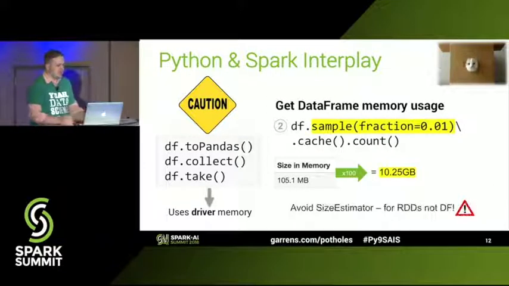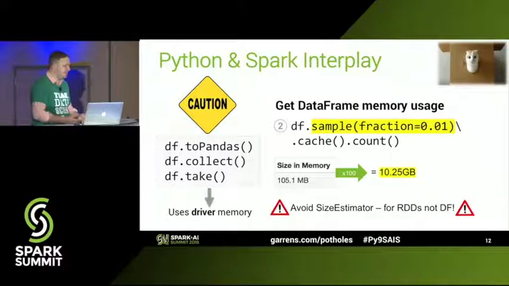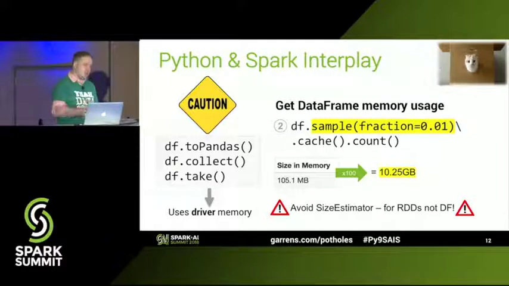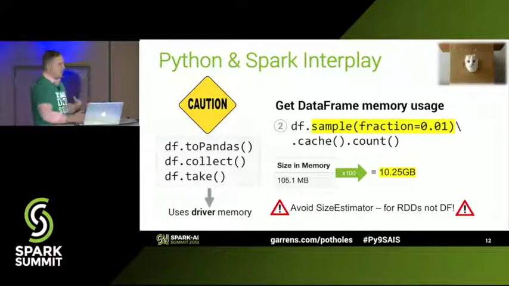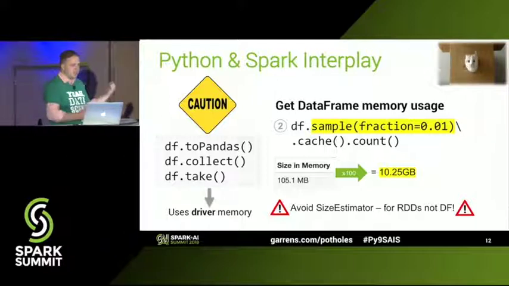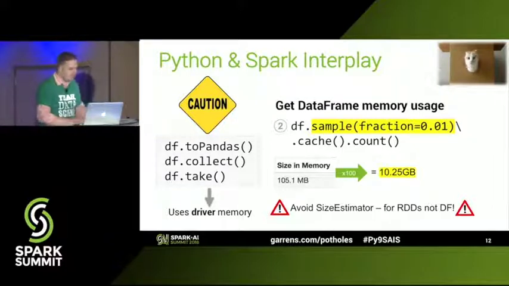So you do a sample of, say, 1% of your data. Now you do a cache and a count. And so now it's going to eagerly evaluate, and it's going to be intense, because it is going to be doing a random sample of the data. But at least in this case, you get an idea of kind of what you're working with. So this is not something you want to be using in a production application unless you're accounting for the fact that it's going to run through your whole process at the same time.